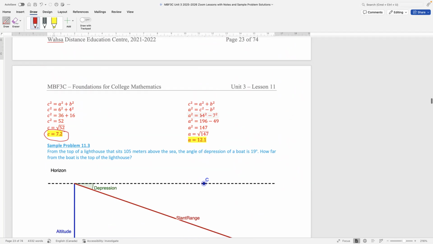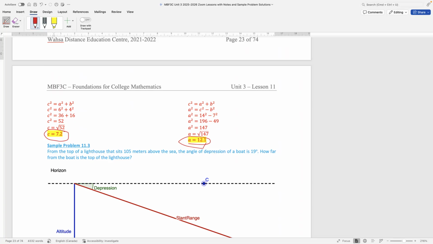So 14 squared minus 7 squared. 14 squared, 14 times 14 is 196, minus 7 squared is 49. 196 minus 49 is 147. To solve for A, now take the square root of that, and you'll get A equals the square root of 147. So if you do that, second function on the square root of 147, you get 12.124355565. Round that to the nearest tenth or one decimal place, and you'll get 12.1.